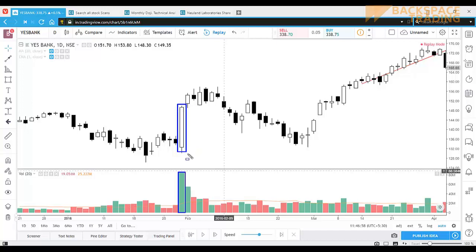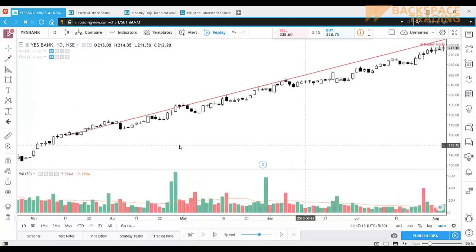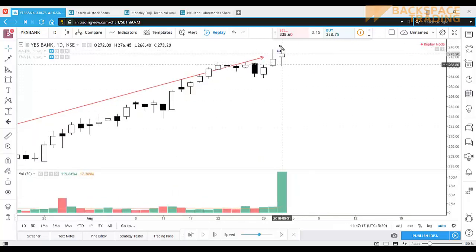Big long white candle and big long volume spike. This both justifies. But what about this? Do you see a big long white candle? No. But do you see a big long volume spike? Yes. What is this? It's a high wave spinning top, but I would say this is profit booking.